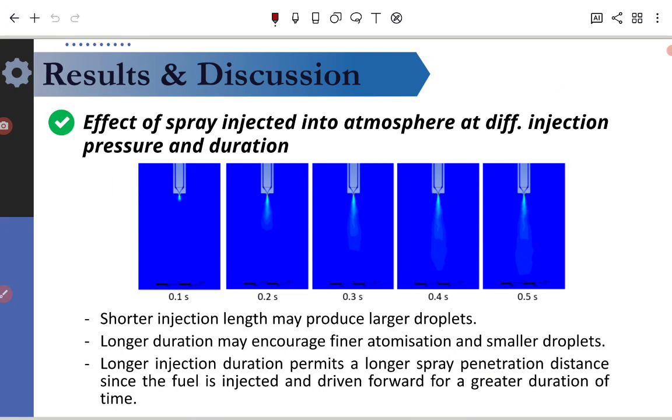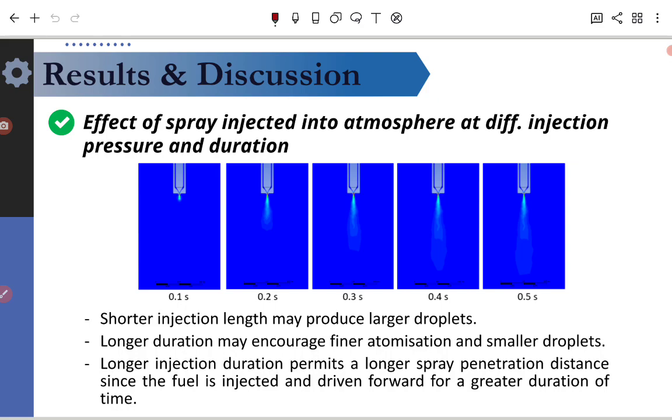So the next is the effect of spray injected into the atmosphere at different injection pressure and duration. This figure shows the velocity penetration into the atmosphere pressure at different injection durations with a pressure of 50 bar. So the result for the influence of atmospheric pressure on the spray penetration at various injection pressure and duration is shown in the figure.